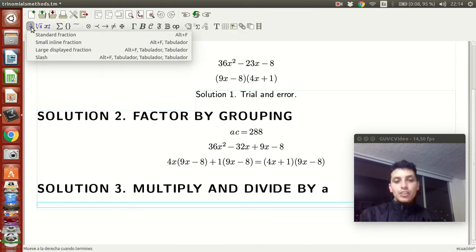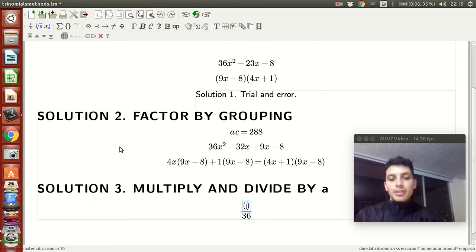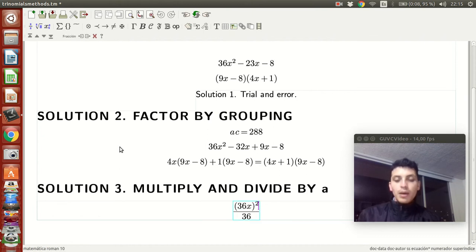So let me write a fraction here. A is 36 and I have to multiply. Remember that the first term stays the same, 36x, and everything raised to the second power, minus 23 times 36x, minus, and we did the multiplication here of a times c, 288.